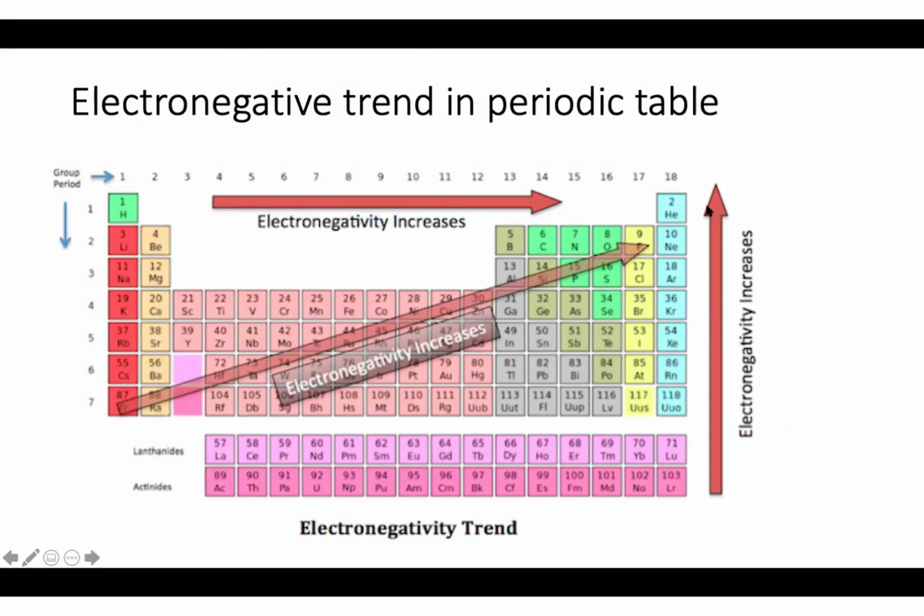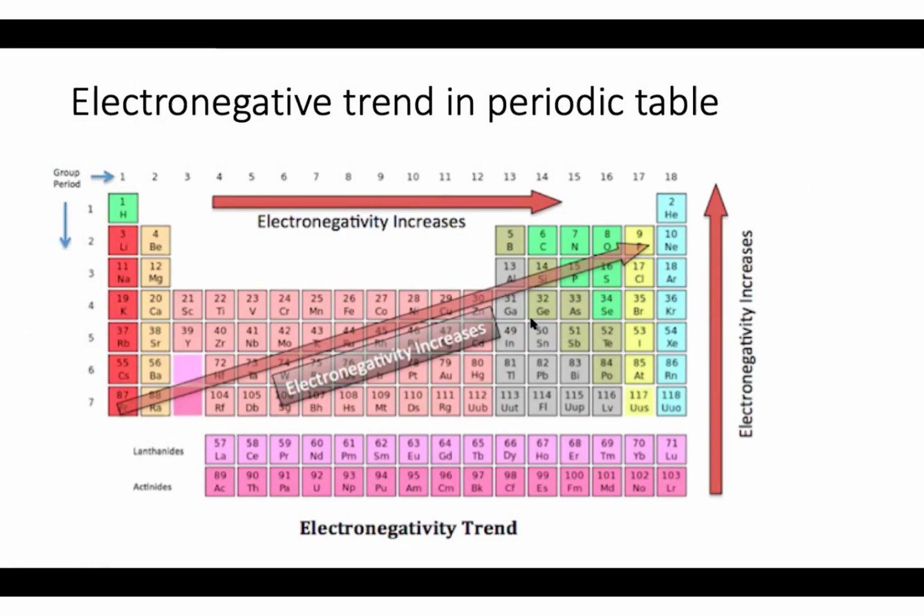So in the top right of the periodic table, we have the most electronegative elements. Fluorine actually is the most electronegative element, kind of a hole for the electrons. Like a black hole, it absorbs everything toward itself. So here is the most electronegative element.